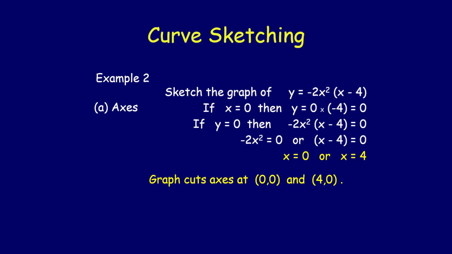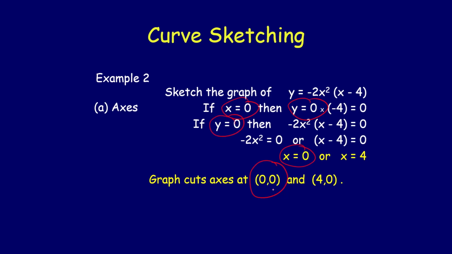Where did we get these? Remember, for the y-axis, when x is 0, y was 0. That is where we got 0, 0. Then for the x-axis, when x is 0, again y is 0.